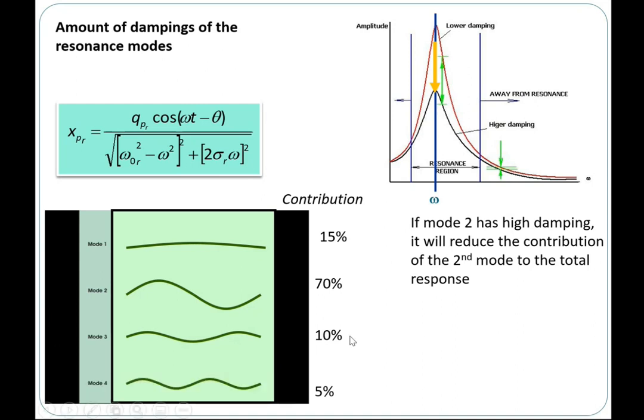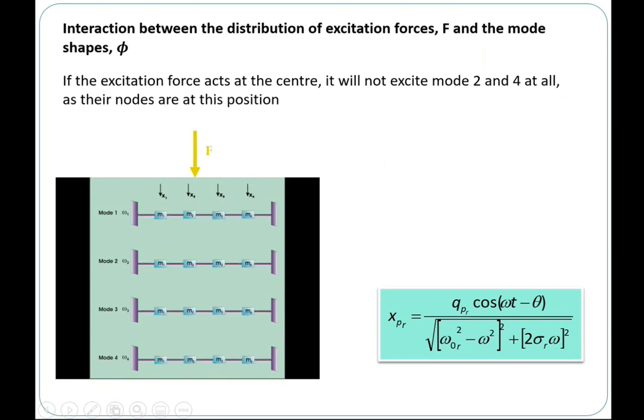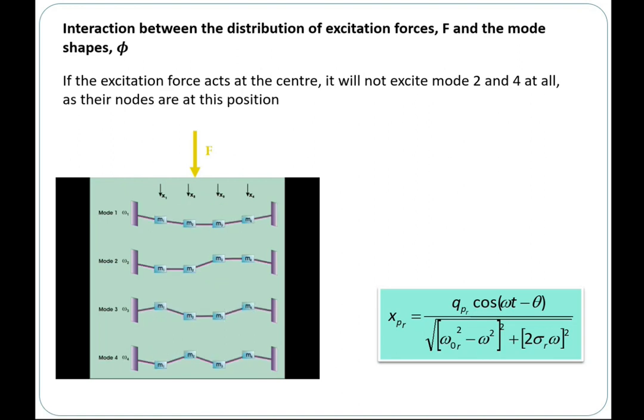So that helps you to explain why sometimes you have resonance, but you still have low vibrations. The next factor is the interaction between your force excitation, where your force excites, and also the mode shapes.